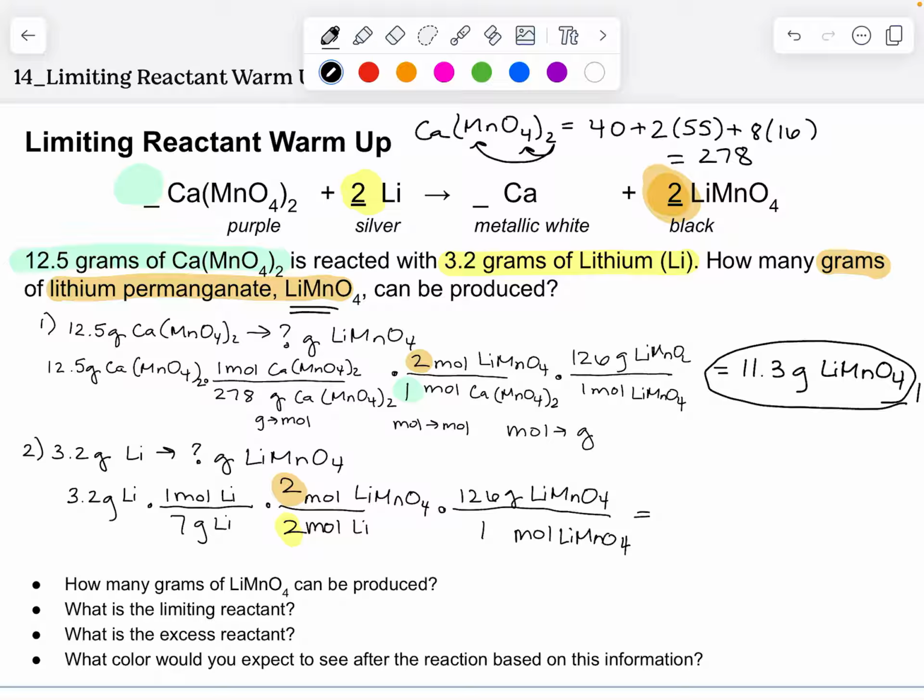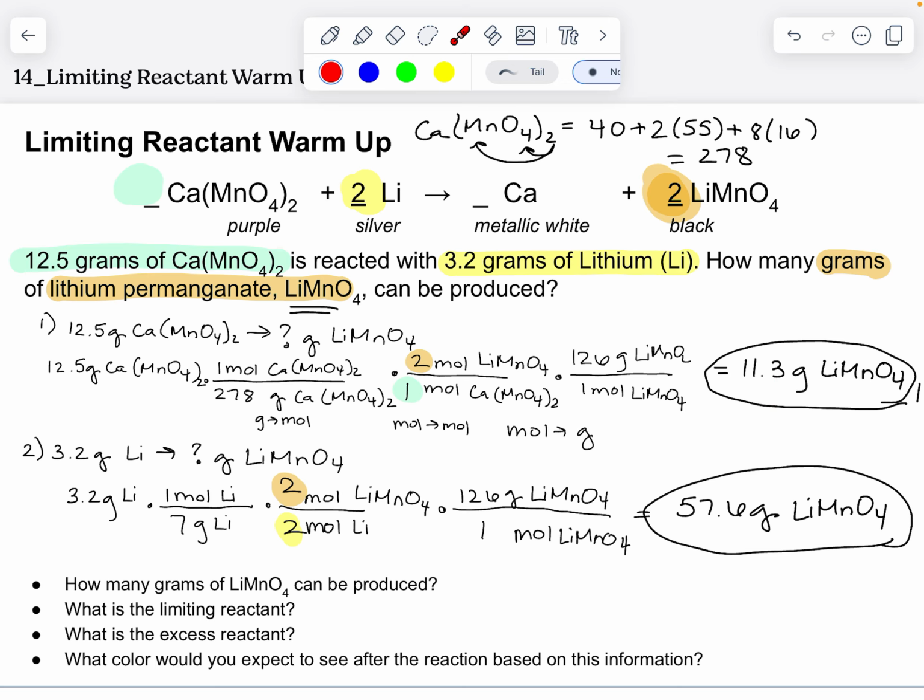So I ended up with an answer of 57.6 grams of lithium permanganate. And so I got 2 values from my 2 starting amounts for my reactants. As we go through and answer these questions down below, we're going to reference our reaction and reference the values we calculated.